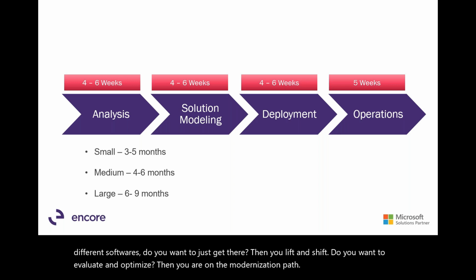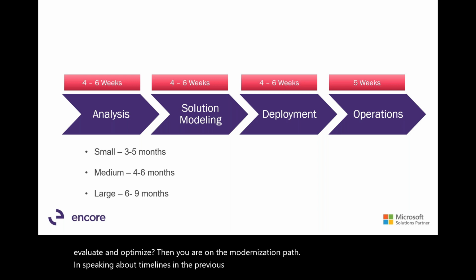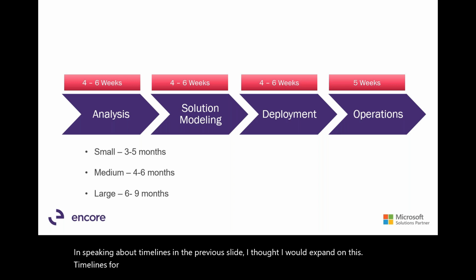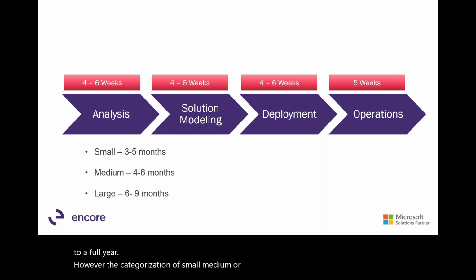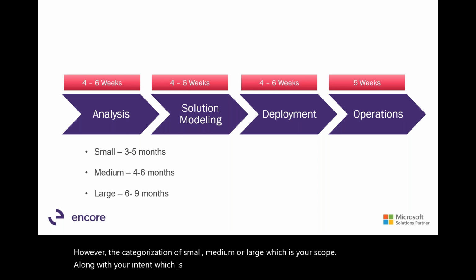In speaking about timelines in the previous slide, I thought I would expand on this. Timelines for Business Central implementation projects can range anywhere from 4 months to a full year. However, the categorization of small, medium, or large, which is your scope, along with your intent, which is lift and shift or modernization, can help provide some rough guidelines.